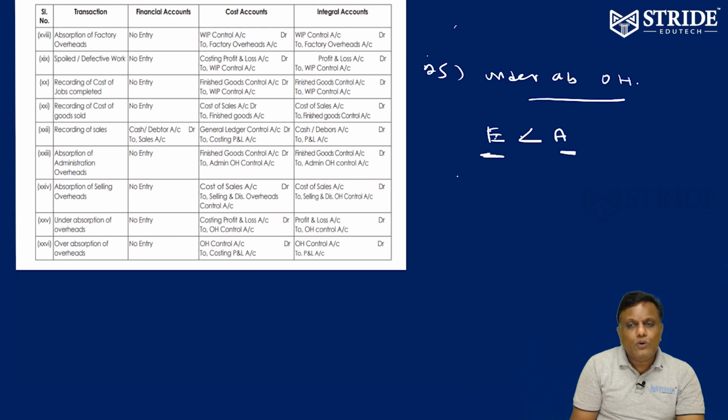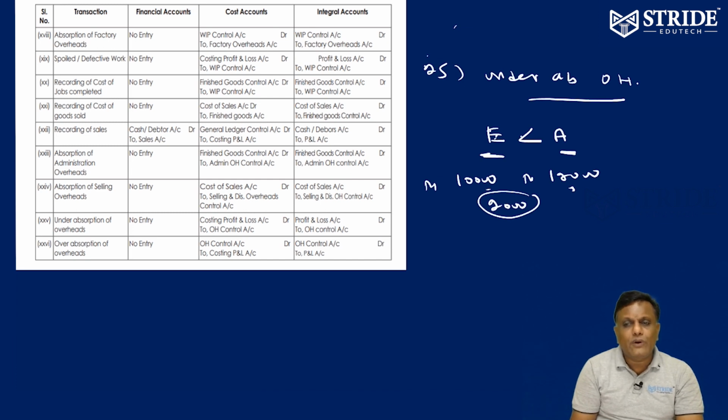For example, estimated overhead is 10,000 rupees, actual overhead is 12,000 rupees. We estimated 10,000, but actual expenses are 12,000. So there is a loss of 2,000. It is transferred to costing P&L account. So under absorption means estimated overhead less than actual overhead. The difference here is 2,000, so 2,000 is called under absorbed overheads.